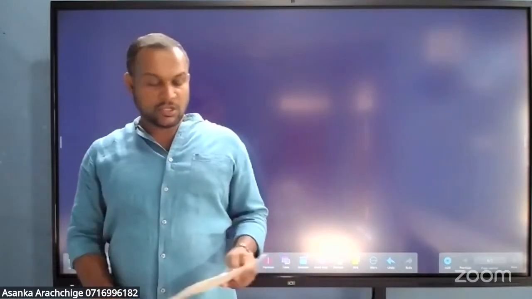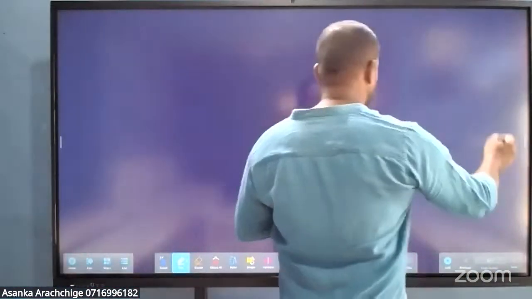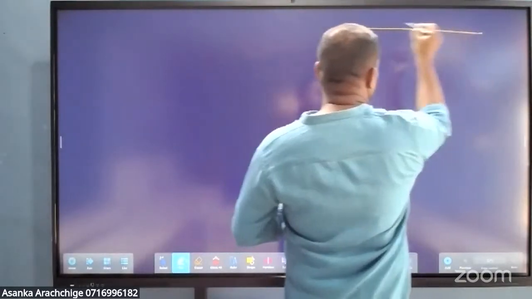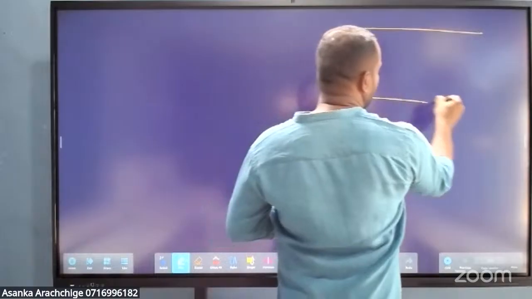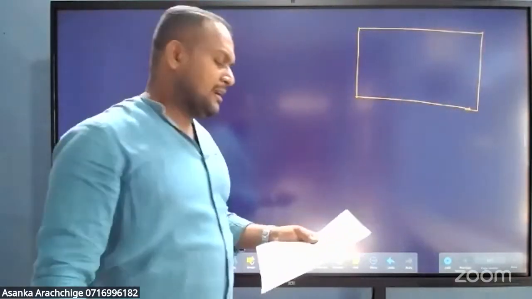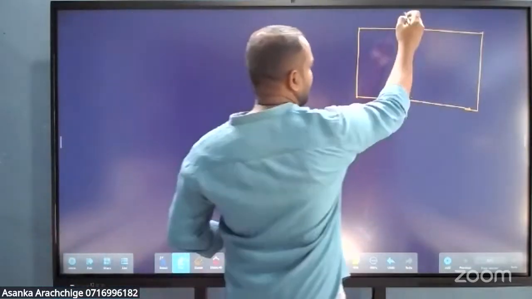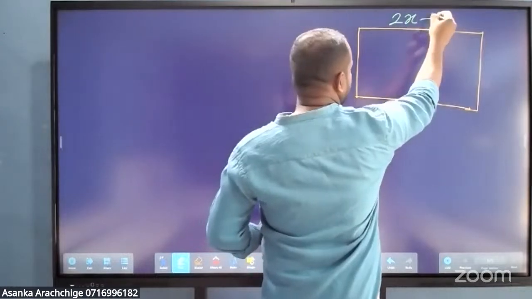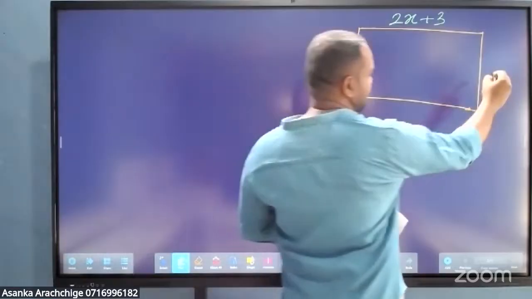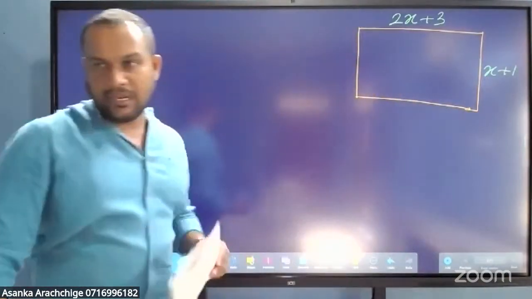Right. So let me draw the given diagram on the board. This is the rectangular land. The length of this land is given to be 2x plus 3. The breadth is x plus 1. Length and breadth of the land are given.